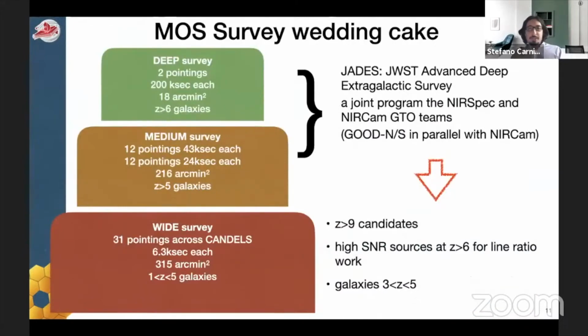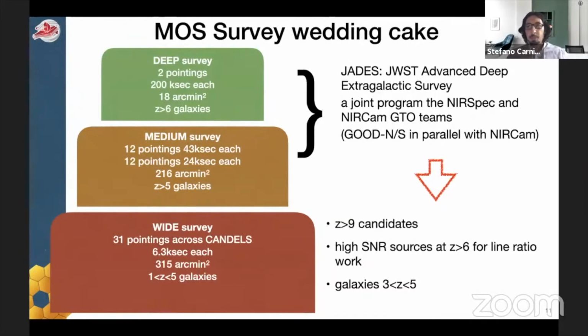About the surveys, in the MOS program we have 3 surveys: the deep, the medium, and the wide. The deep and the medium are done in collaboration with the NIRCam GTO team, and the survey is called JADES. Here, the main goal is very high redshift galaxies, higher than 9.